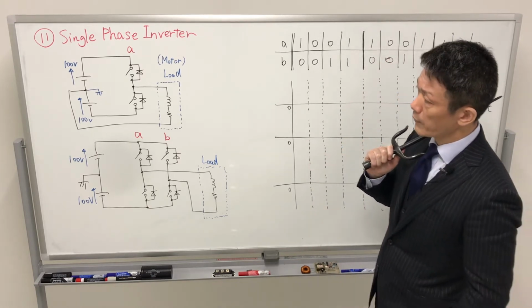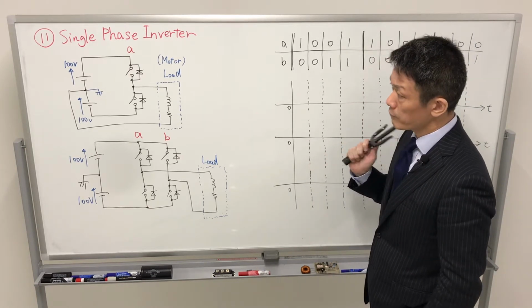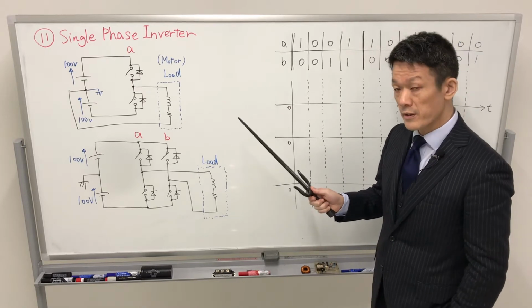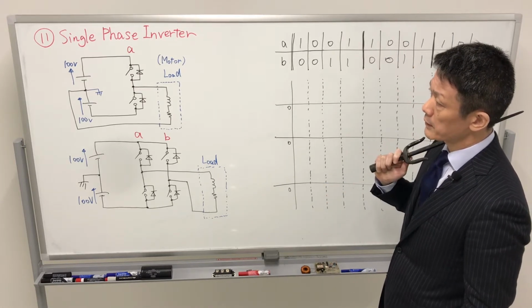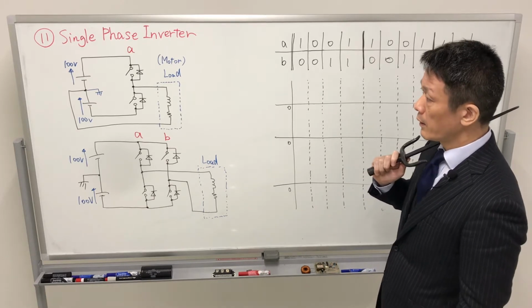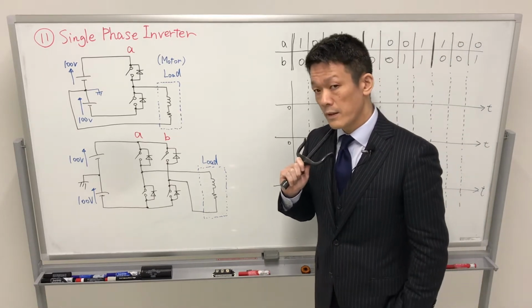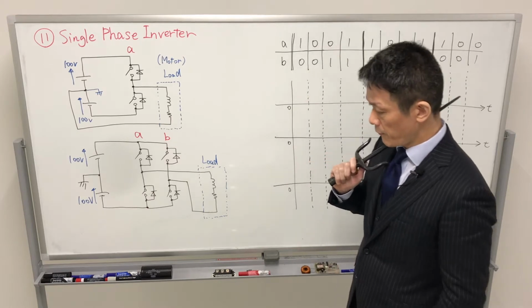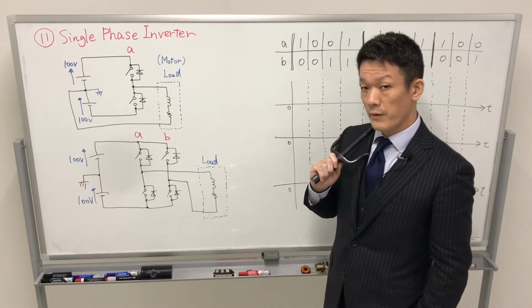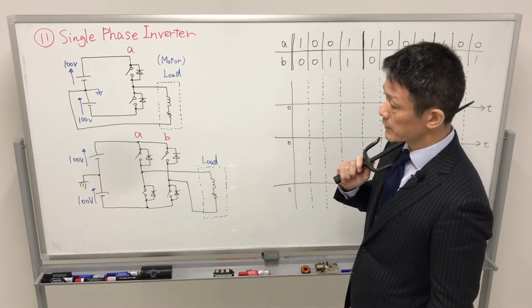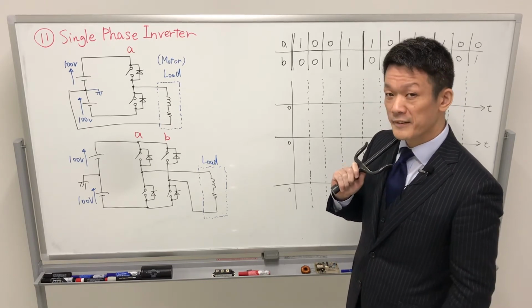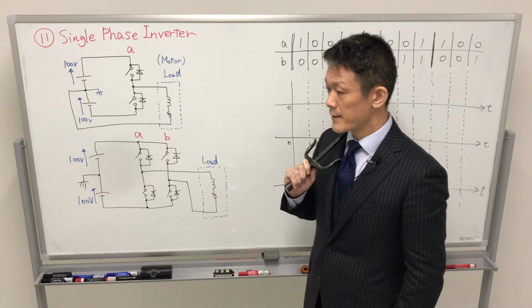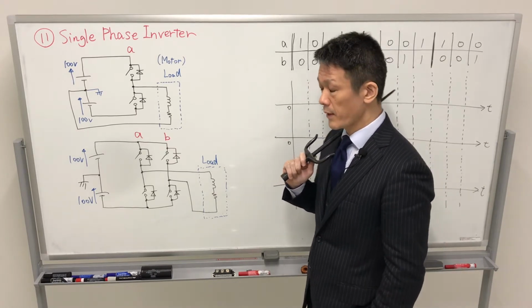And from 10, today's lecture is 11, but from 10 we will discuss the inverter. So in the last lecture we discussed what is an inverter, so that we will understand the essence of the inverter.